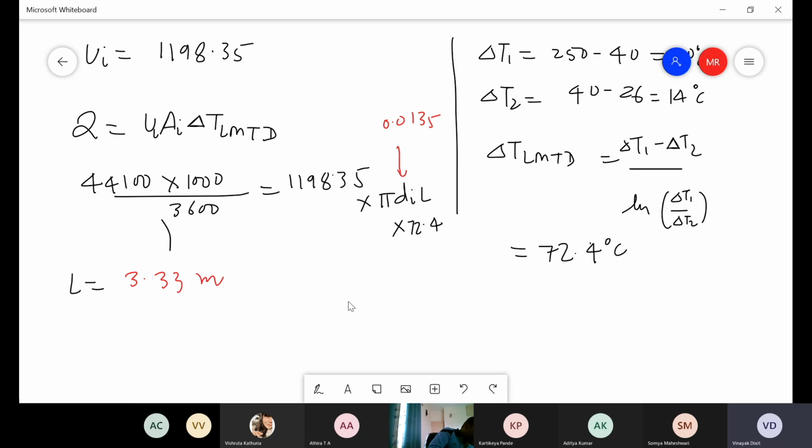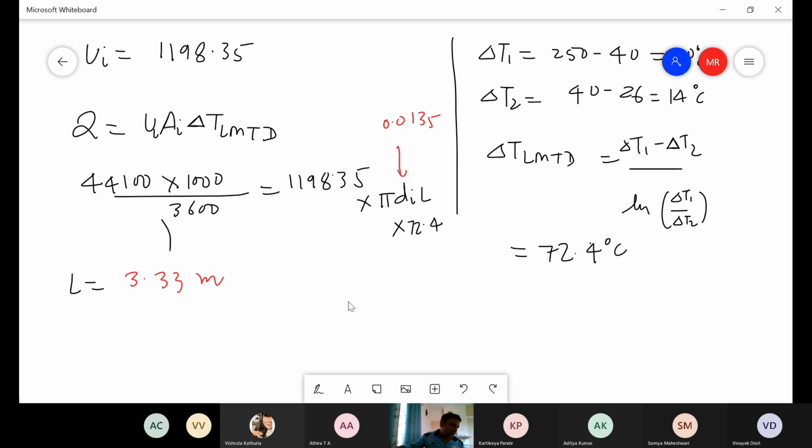So 44 into 10 power 3, divided by 3600 into 1198.35.